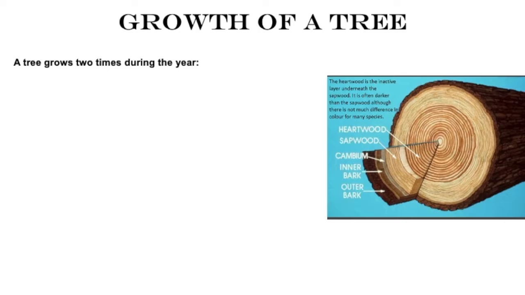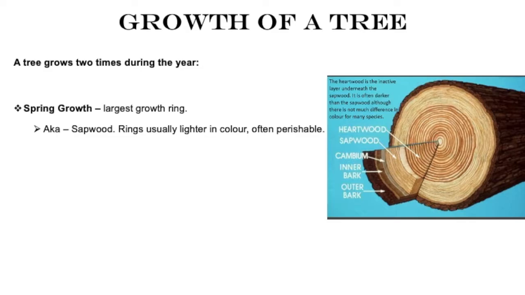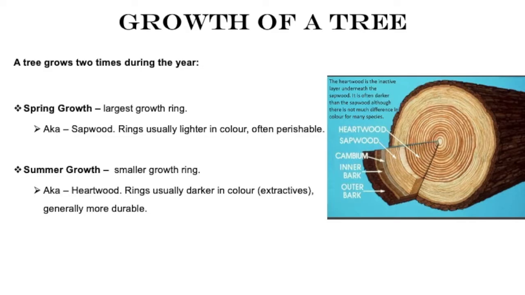So the growth of a tree takes place two times in a year. There is what you call a spring growth and a summer growth. A spring growth is the largest part of the growth ring, and it's sometimes alternatively called sapwood, which is this one here, the lighter part of the rings.